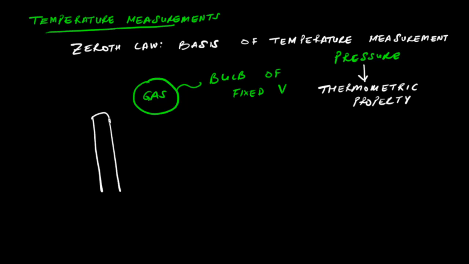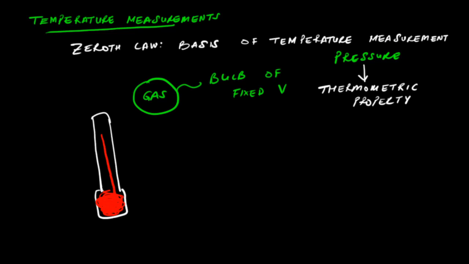this mercury in bulb thermometer, where you have this mercury filled in this bulb of a glass tube, and there is a bowl in which the level of mercury increases.